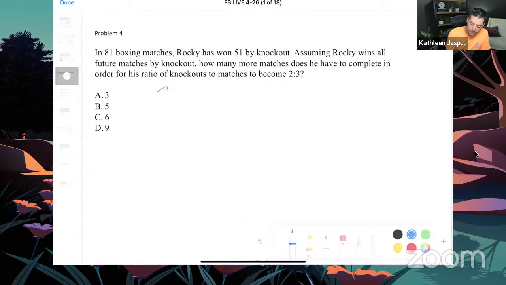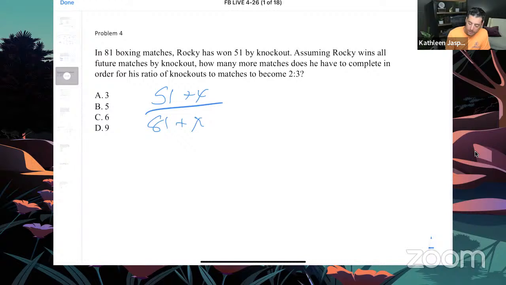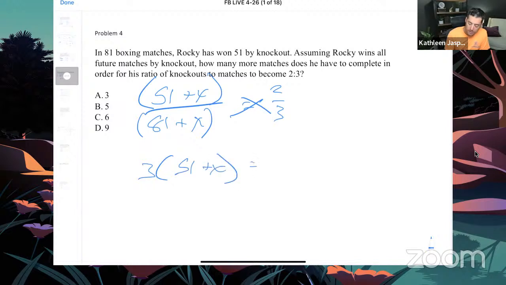So I've got 51 plus x over 81 plus x equals 2 over 3. Put these values in parentheses, because when we cross multiply, this is now going to become 3 times (51 plus x) is equal to 2 times (81 plus x).